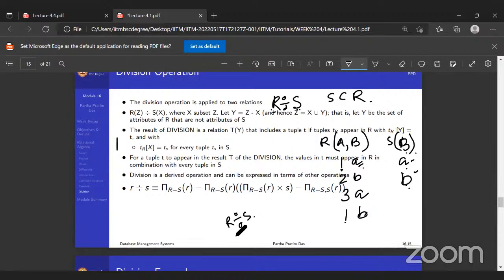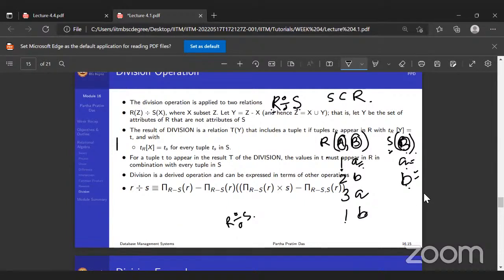The SQL statement is: find the student ID. Suppose you take this as the student ID and this as the course ID. Find the student ID who takes all the courses, where all the courses are present in the course table. Suppose S is the course table with A and B, the only two courses available.